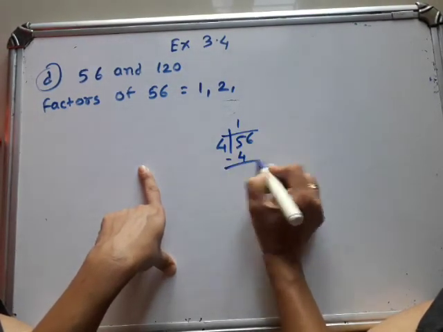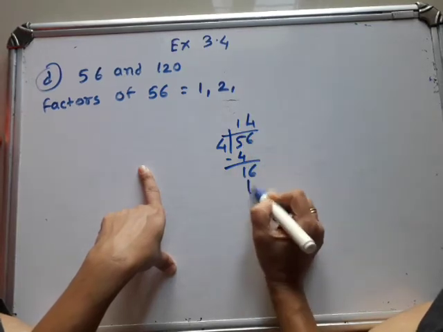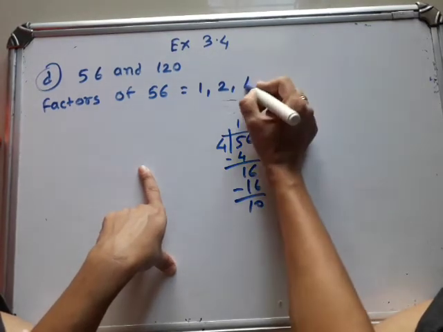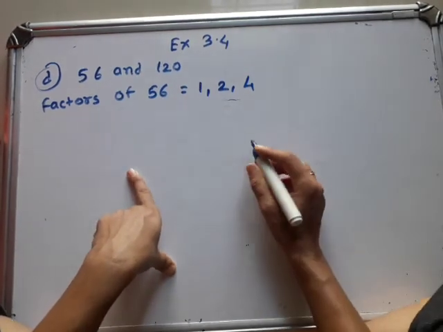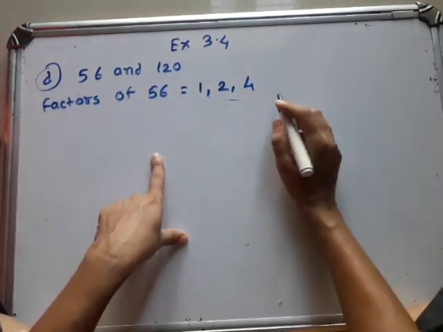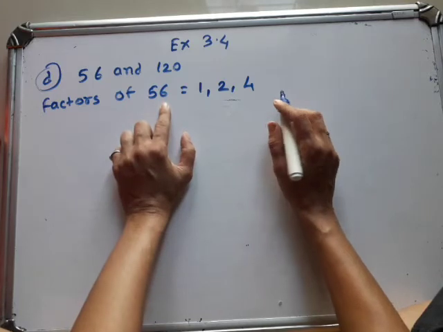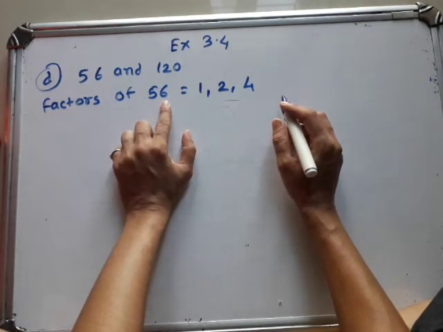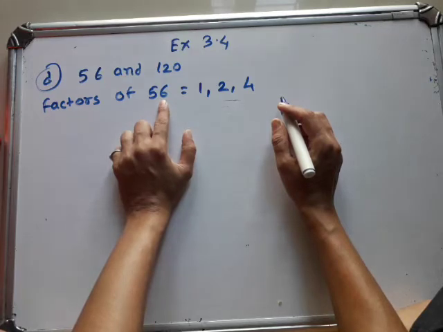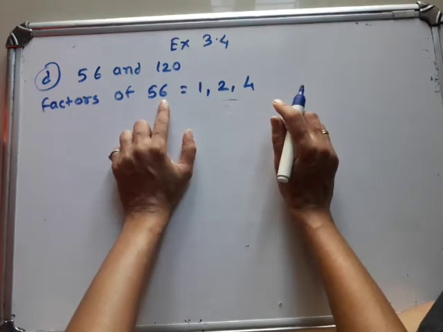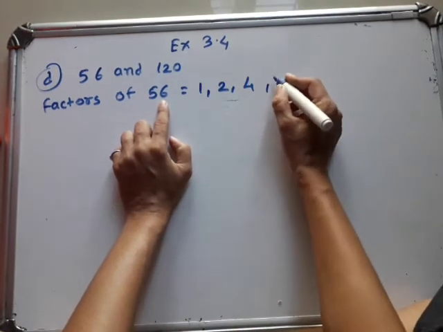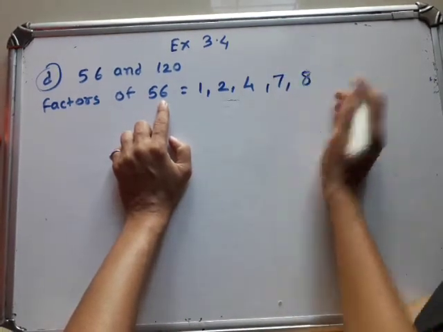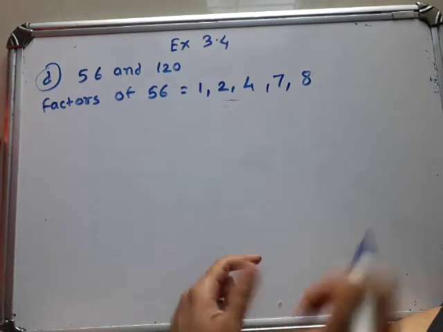See here, yes. So we get that 4 is a factor of 56 because we get remainder 0. 5 is not a factor of 56 because the ones place is 6. Then 56 is also not in the table of 6. Then 7: 8 sevens are 56.